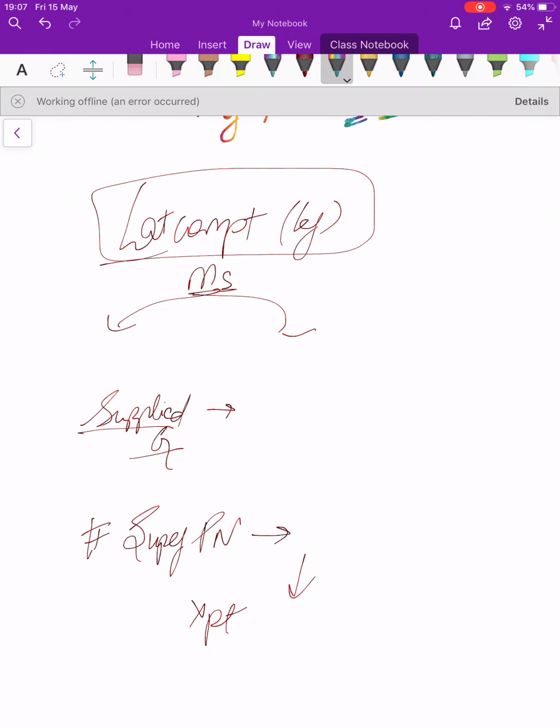Then we'll talk about the lateral compartment of the leg. In the lateral compartment there are two muscles, the peroneus longus and the peroneus brevis, and both are supplied by the superficial peroneal nerve.